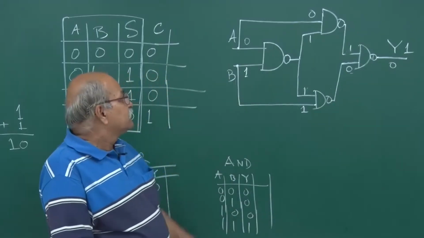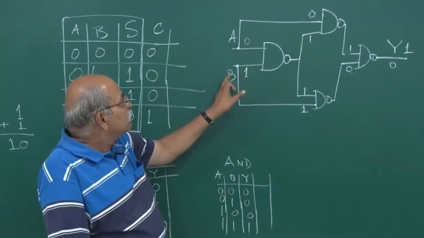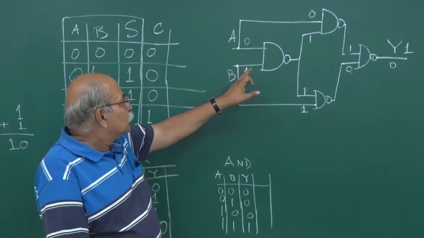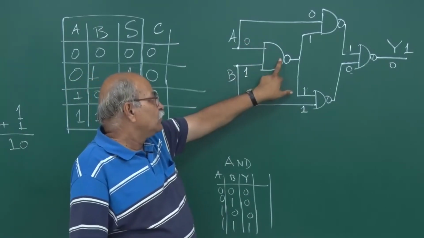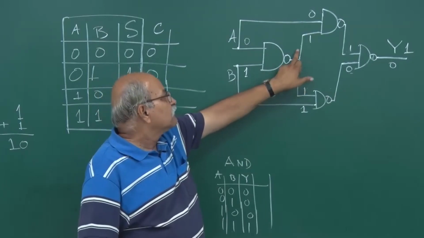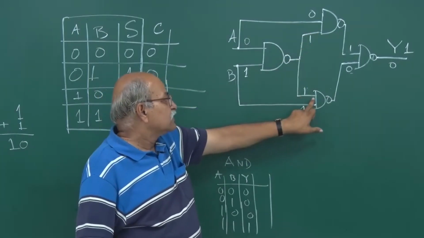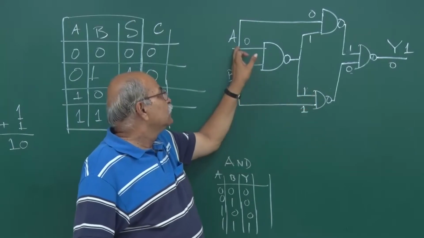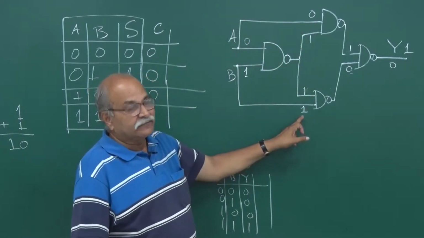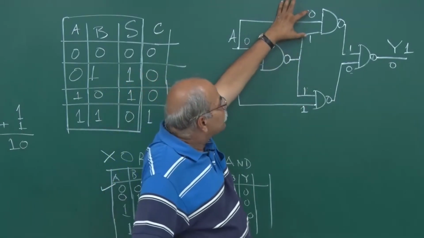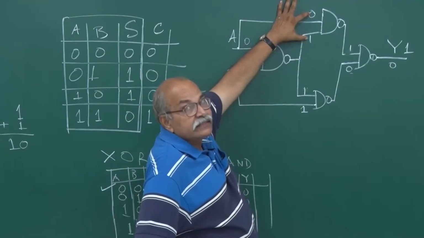Okay, let me repeat. I have given A equal to 0, B equal to 1. So 0 and 1 is 0. So here it is 0, here it is 1. That 1 goes here and that 1 goes here. Then this 0 I am putting here directly, this 1 I am putting directly here. Now 0 and 1 is 0.